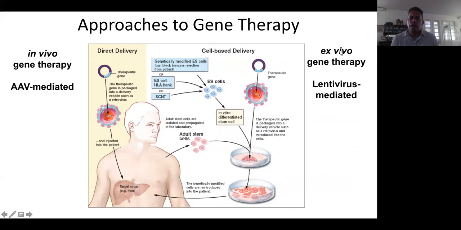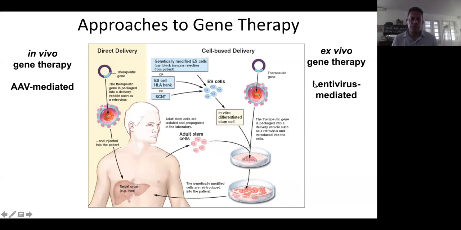This is an ex vivo gene therapy approach where cells are taken from the boys themselves, transfected in a dish with a certain virus carrying a corrected gene, and then those cells are given back to the boys, and they go from bone marrow to blood and from blood to brain. This is what we call a cell-based delivery approach, an ex vivo gene therapy approach, usually employing certain kinds of viruses we call lentiviruses.